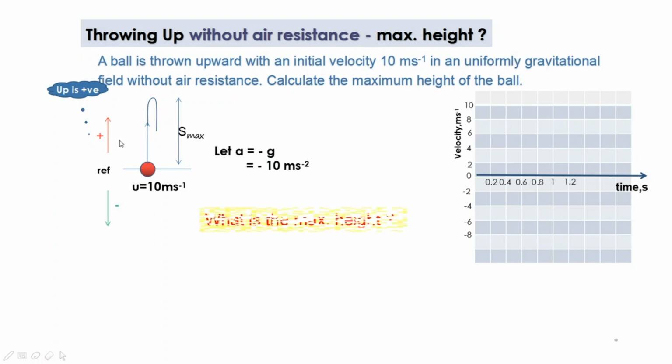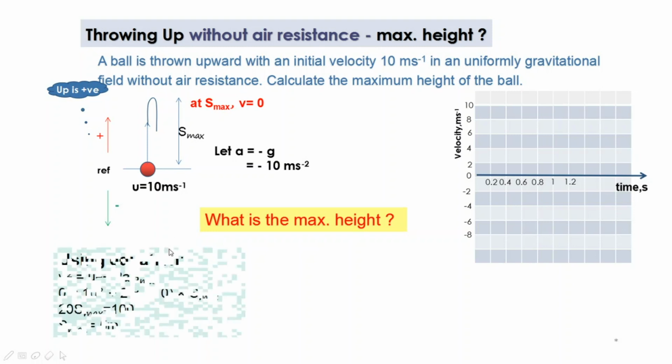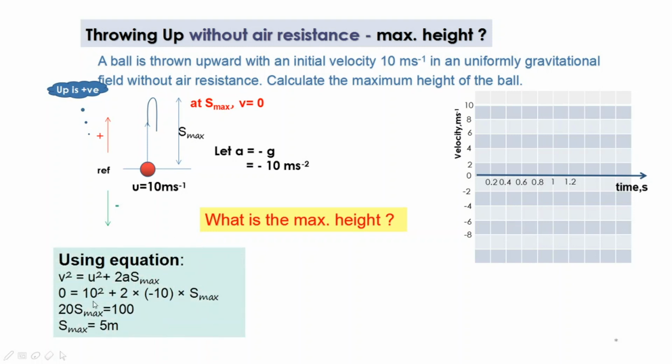For the acceleration, a should be equal to negative g. At the maximum height, the velocity is equal to 0. Therefore, using the equation v squared equal to u squared plus 2as, substituting the parameters, we should be able to get the maximum height, or maximum displacement, equal to 5 meters.